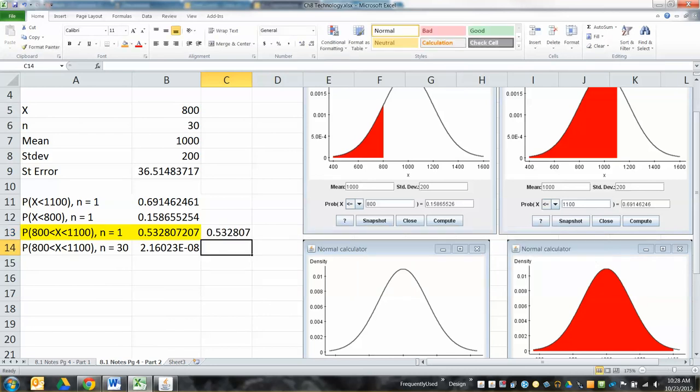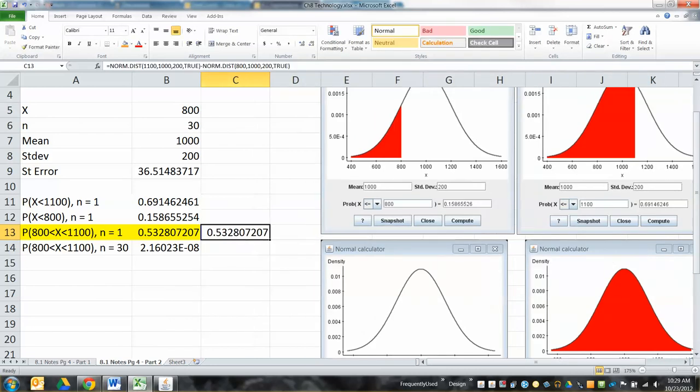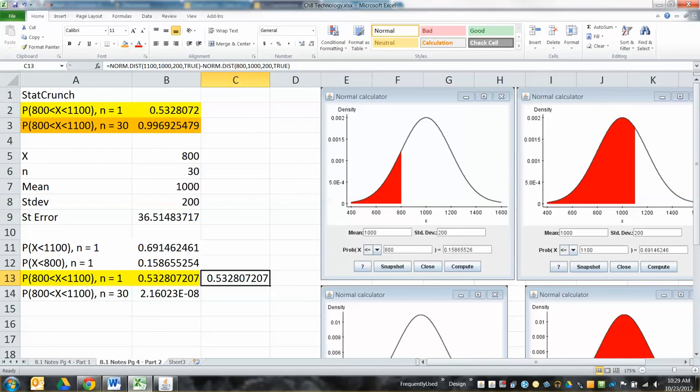And there, same thing, right? And it finds it all at once. So whichever way you like to go. If you want to find each part separately and then subtract, that's fine. If you know enough to go, oh, I just need to subtract, that's fine. Whatever. All right, now what about n is equal to 30?